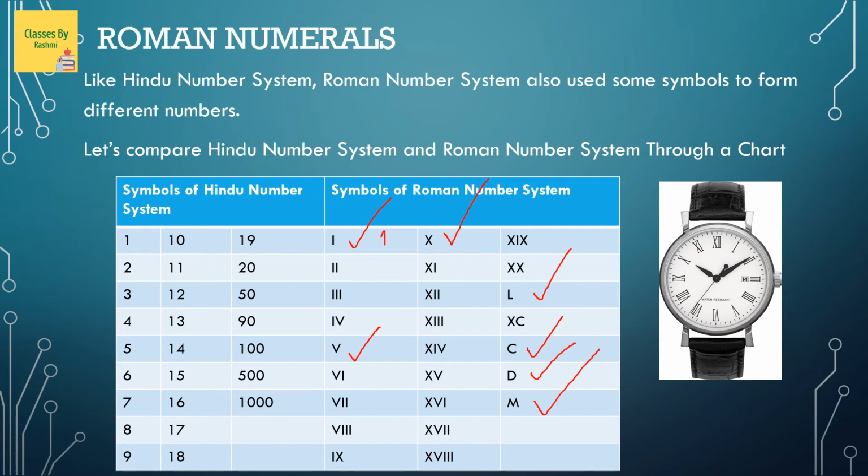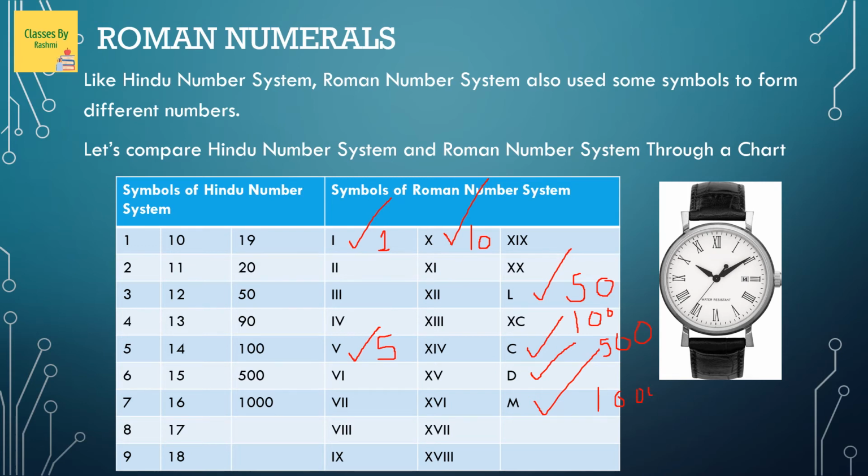I represents 1, V represents 5, X represents 10, L represents 50, and C represents 100, D represents 500, M represents 1000. This is it.